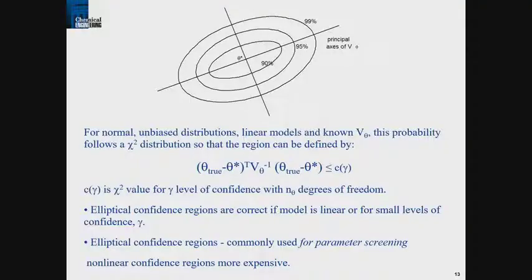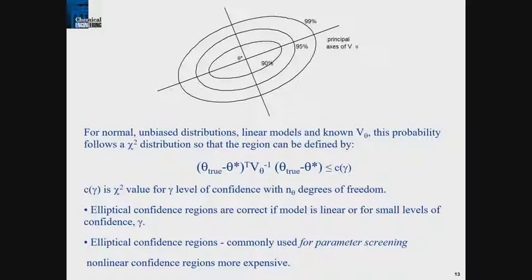So now, having the covariance matrix, we're going to use these approximate elliptical confidence regions to get an idea, not so much of the actual confidence regions of the parameters, but something that will allow us to screen which parameters are very well estimated and which are not. We all know that these elliptical confidence regions work for linear models, and for the usual normal, unbiased distributions, which we're happy to assume.